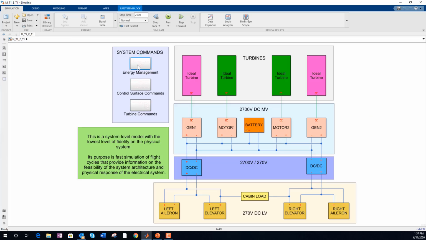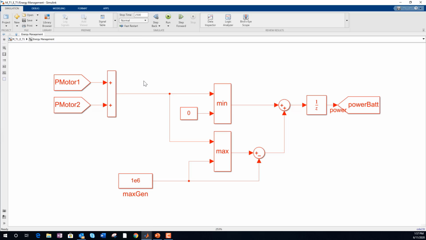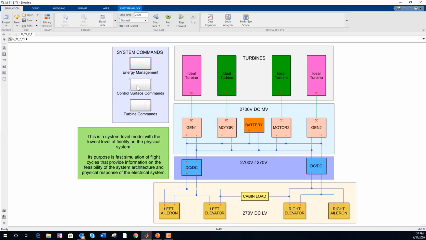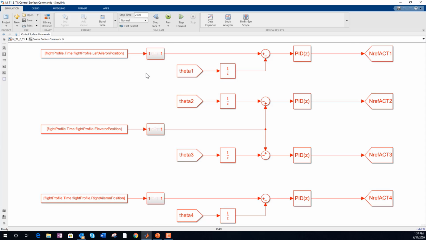The energy management is quite simple. In this case, if the electrical system demands more than 1 megawatt, then the battery will supplement the turbine generators. Notice that this is quite contrived, but I have made these settings so we can clearly see functional behavior of the simulation. The control surface commands come from a predefined time series, which I created to show stylistic behavior over a period of 2,500 seconds.